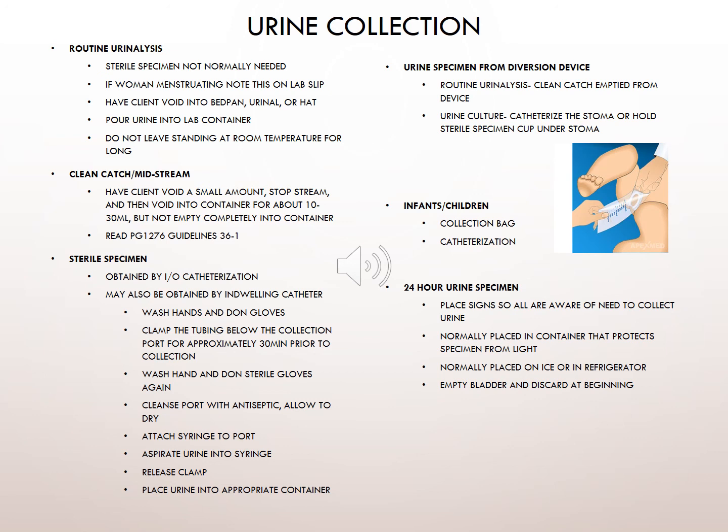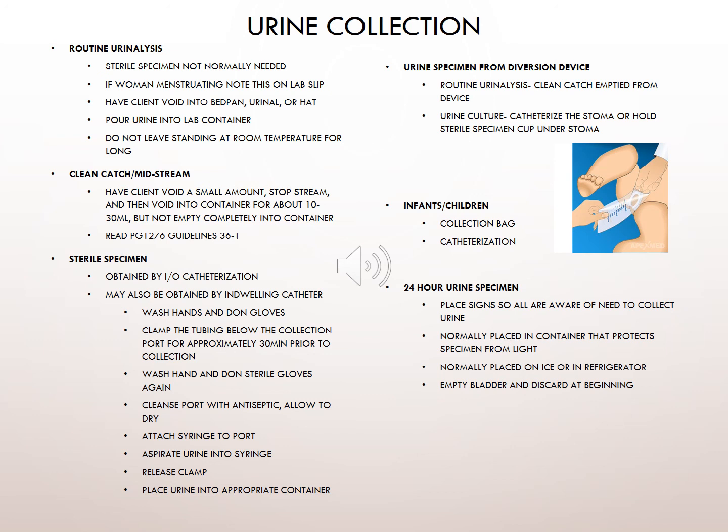The big thing is you cannot leave that catheter clamped for more than 30 minutes. It can cause that urine to back up in the bladder, and it can lead to UTIs and lots of other problems. So we can obtain it, but we have to be aware of the time and how long we've clamped that catheter. But a sterile urine specimen can be obtained with an indwelling catheter.